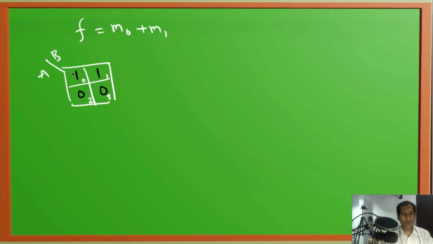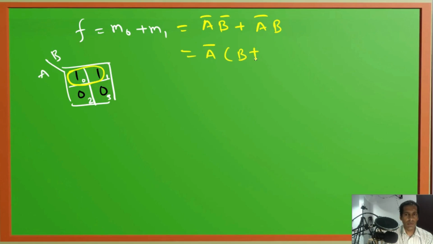So what we can do, the adjacent ones we can make a square, we can select them. So we will select these two, right? So for this, what is the expression? m0 is a bar b bar plus m1 is a bar b. So here we can take a bar common, so here we can get b plus b bar.